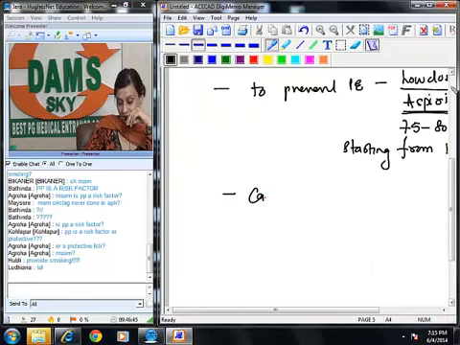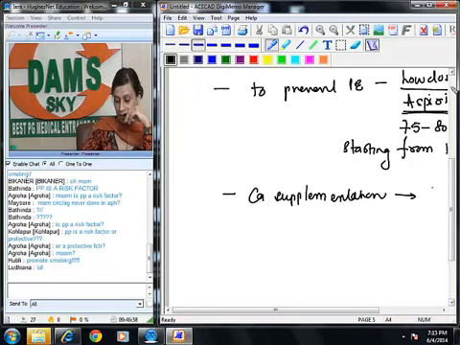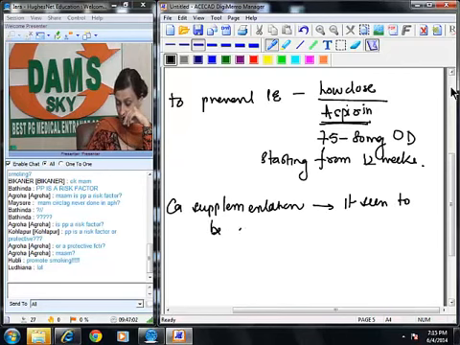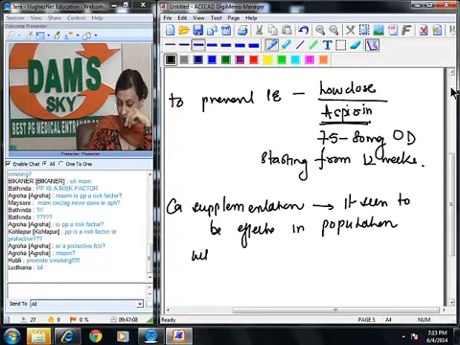Okay. Calcium supplementation could be the next best answer. If aspirin is not in the options, then calcium supplementation could be the next best answer. Why? Because it is seen to be effective in populations which are calcium deficient.